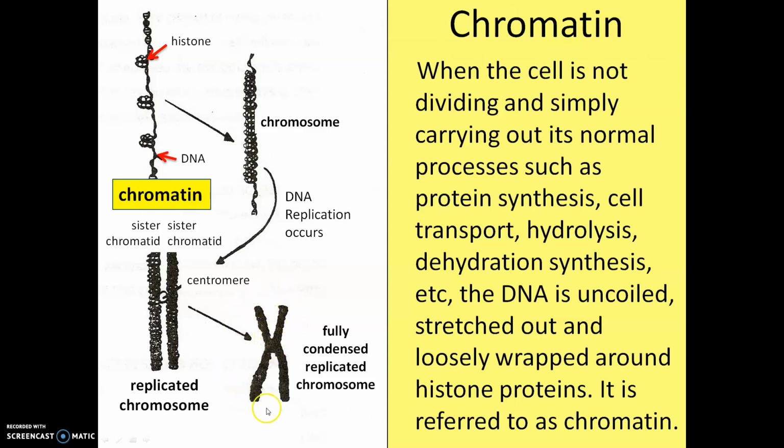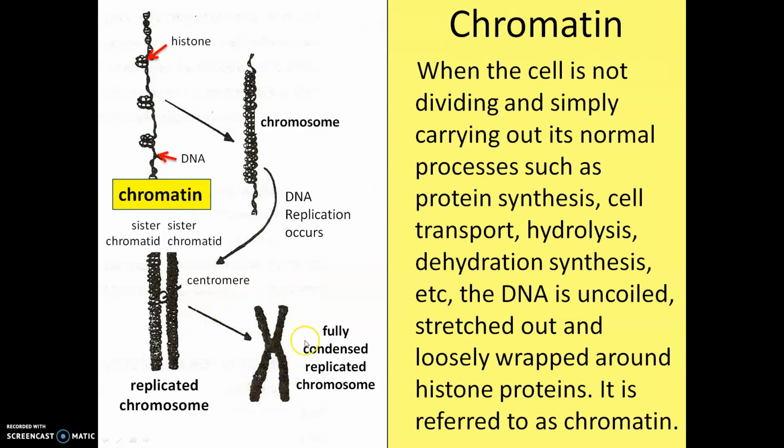So when you see a chromosome that looks like an X, it is actually a fully condensed replicated chromosome. There are two copies of the DNA right here. It's often referred to as just a chromosome, but now you know that this is a replicated chromosome.